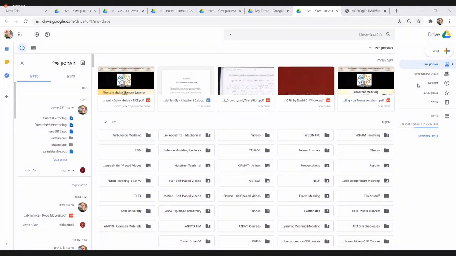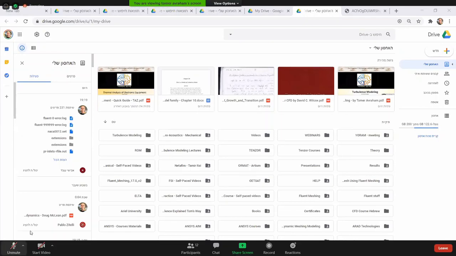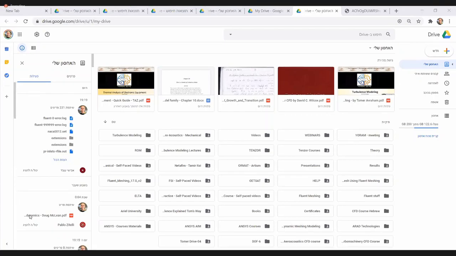Okay, can you see the screen? This PDF, the yellow PDF. Can you hear me? We see a screen, but I don't see a PDF. I see your Google Drive. You see my Google Drive. Of course, you see my Google Drive.